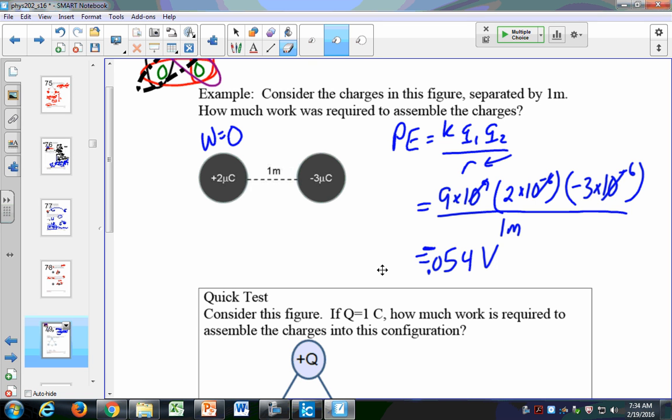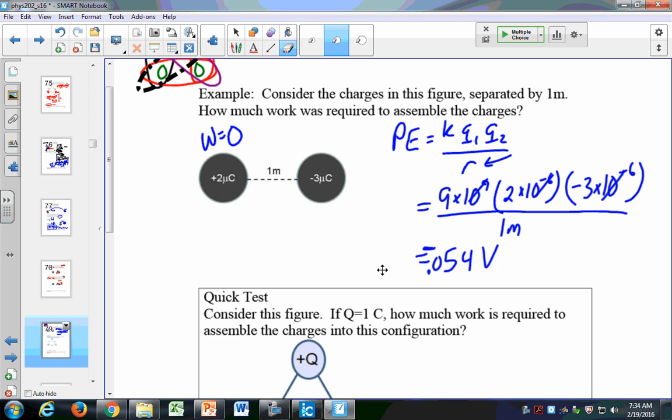When R is really big, V goes to 0. Remember, V, our voltage, our potential, is energy per unit charge. So imagine I have this negative 3 microcoulomb charge over here. I want to determine how much work it takes to move it from over here where the potential is 0 to over here where the potential at this point is equal to K times this Q divided by R.